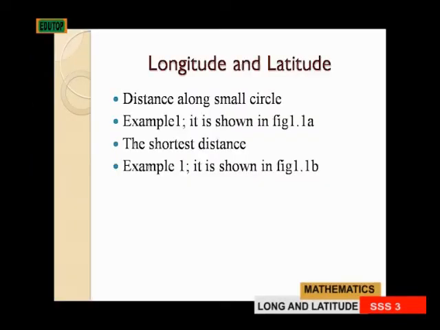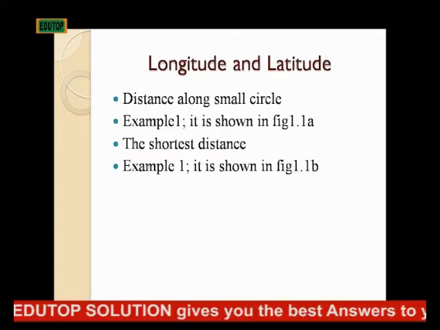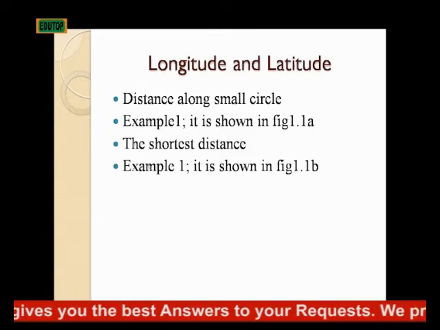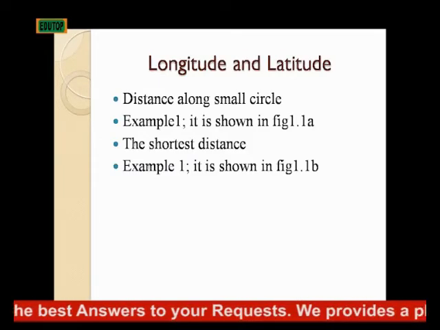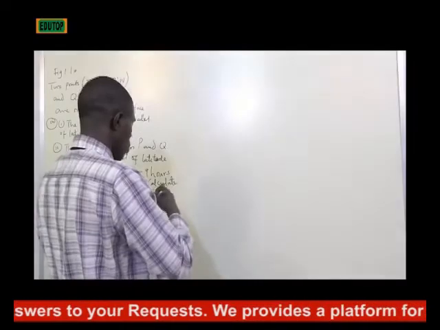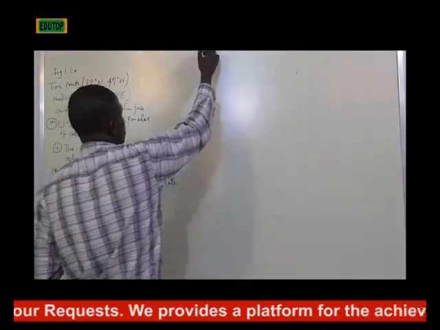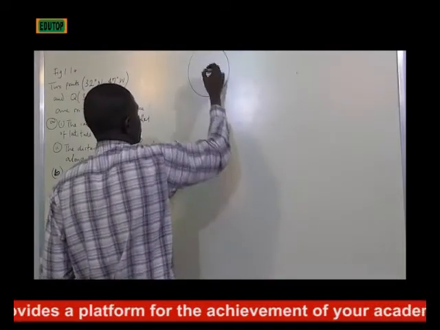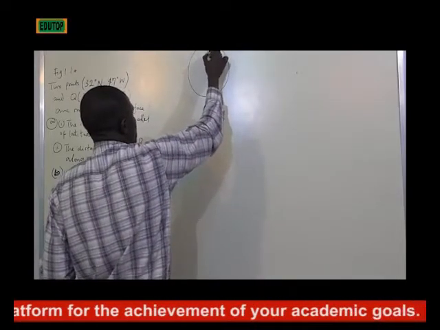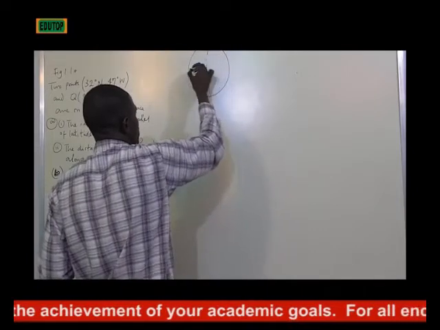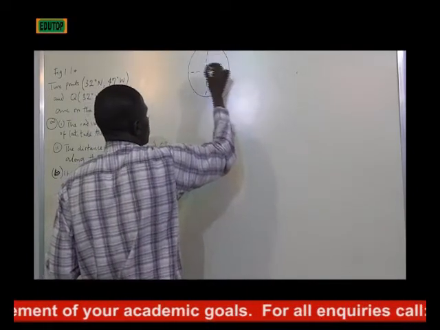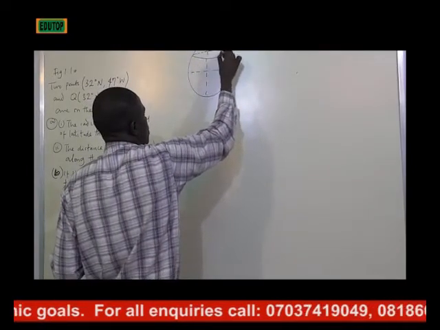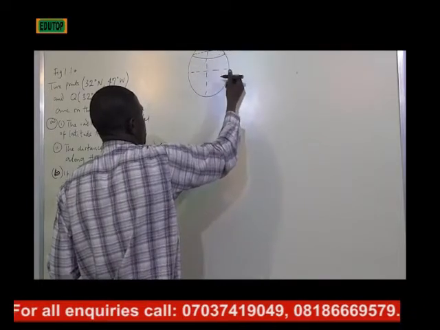Distance along small circle. Distance along small circle is the same as distance along the parallel of latitude. So if you are asked to calculate the distance along small circles, let's say we have a shape like this. We have our Greenwich meridian, and we have our equator. So the distance along the parallel of latitude.